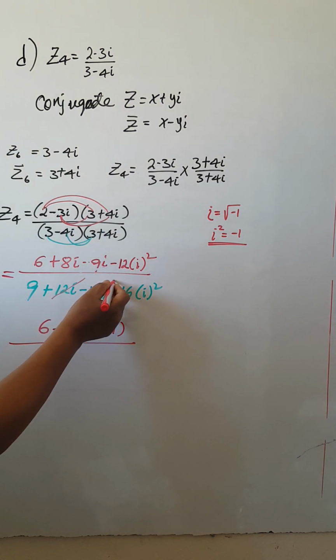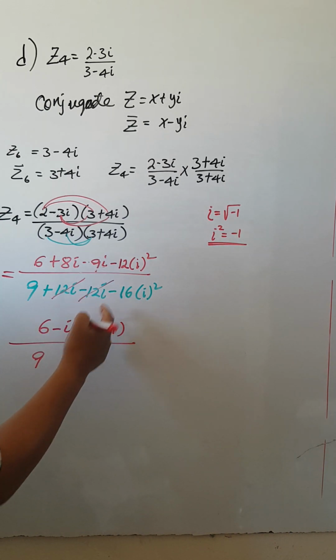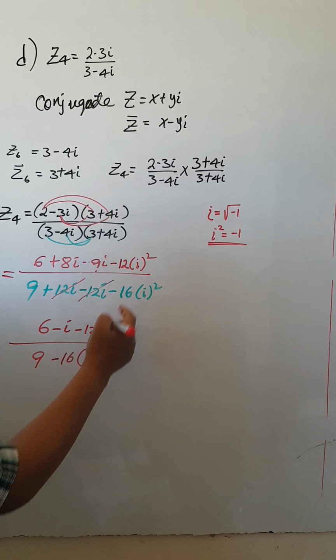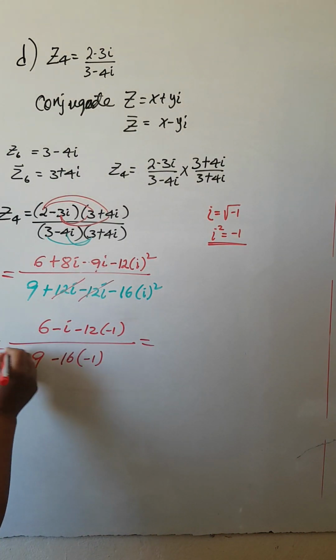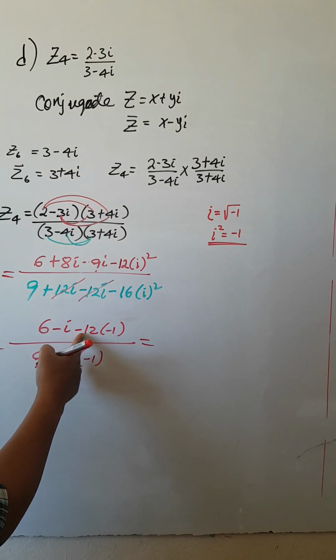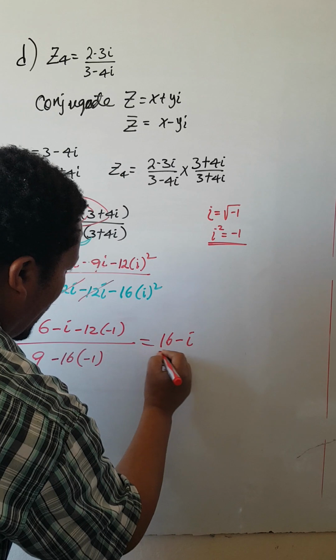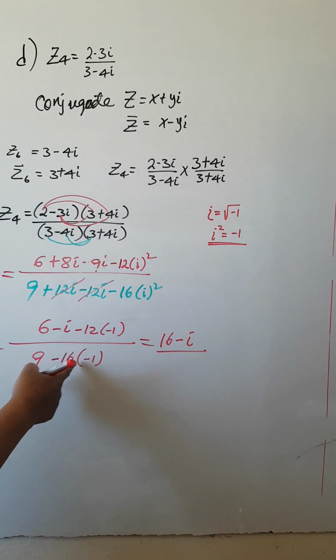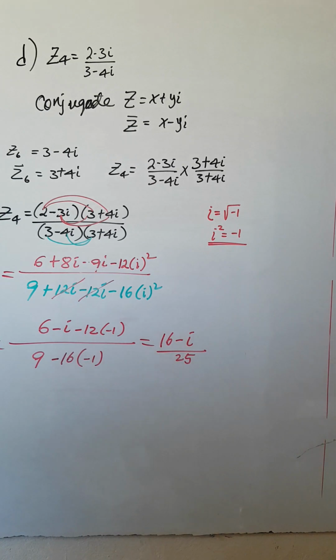Now this is 12i, this is negative 12i, and this is negative 16, and i squared is again negative 1. So this becomes positive, so 6 plus 12 is 18 minus i, and here this is again positive, so 9 plus 16 is 25.